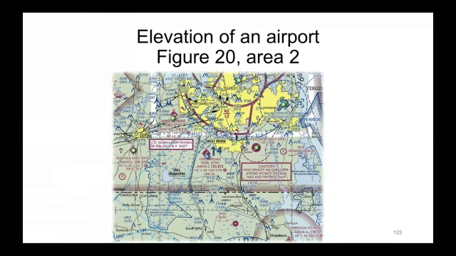Can somebody tell me what figure 20, area 2 is, if you have a red book? I don't have mine out. I've already packed it. Everybody have a red book? Yes? And you go to figure 20, area 2? Yeah. Wait, Drummond. So figure 20, area 2 should be Chesapeake. This is Lake Drummond.